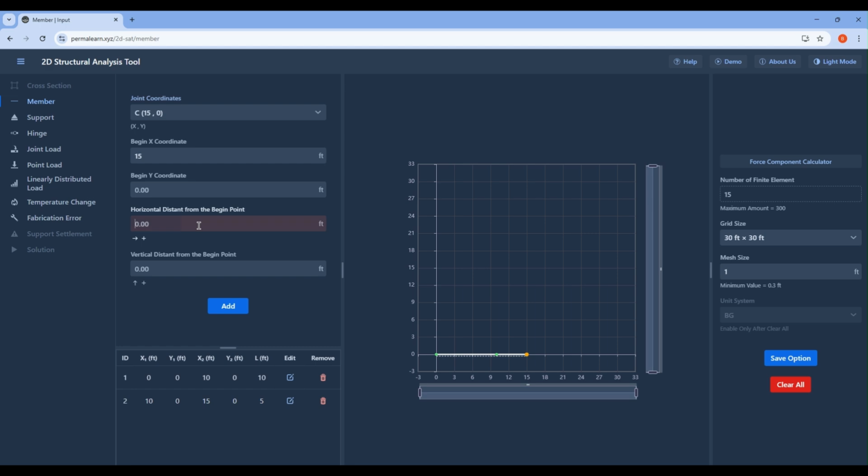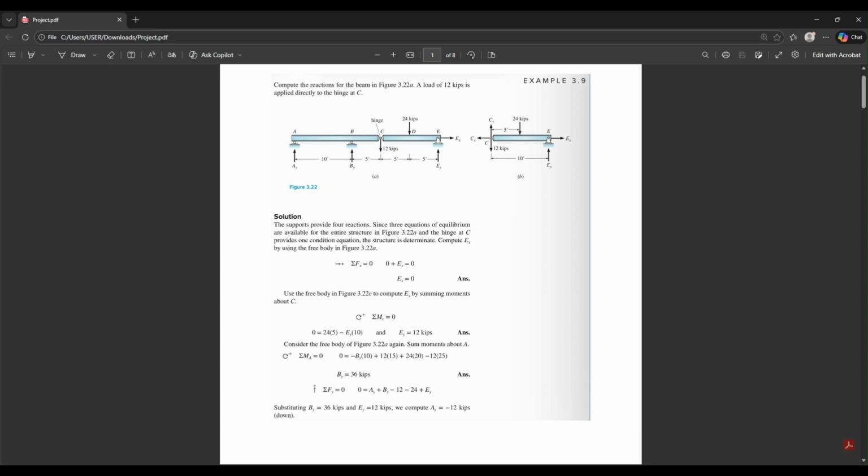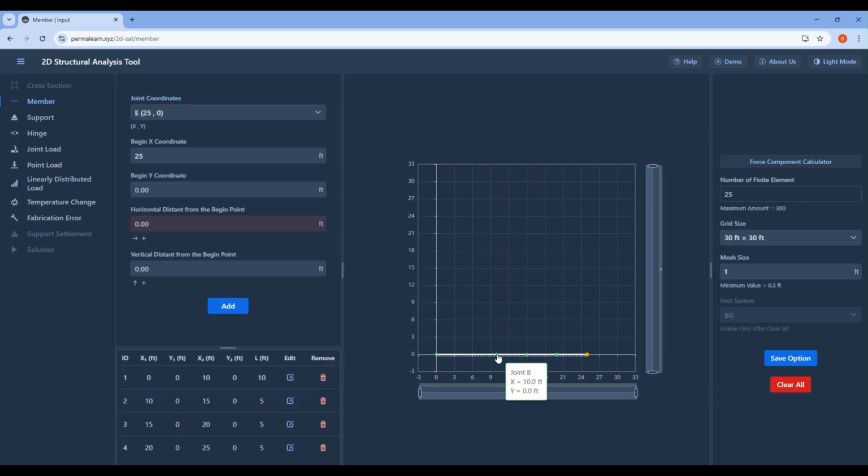From point C here it's going forward 5. From point D here it's going forward 5. And from E here it's going, oh, that's all right, 10, 5, 5, 5. So 10, 5, 5, 5, yes.